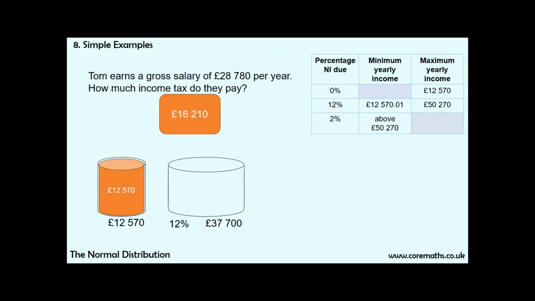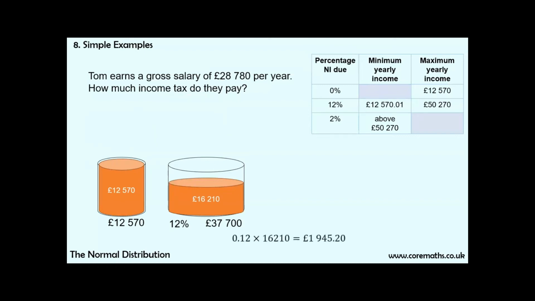It is there in the table, it's a bit less obvious. If you do enough of these questions, you'll just remember these anyway. 16,210 does not fill that up, so it's just 12% of the 16,210. Do 0.12 times the number and you get your answer: £1,945.20. There we go.